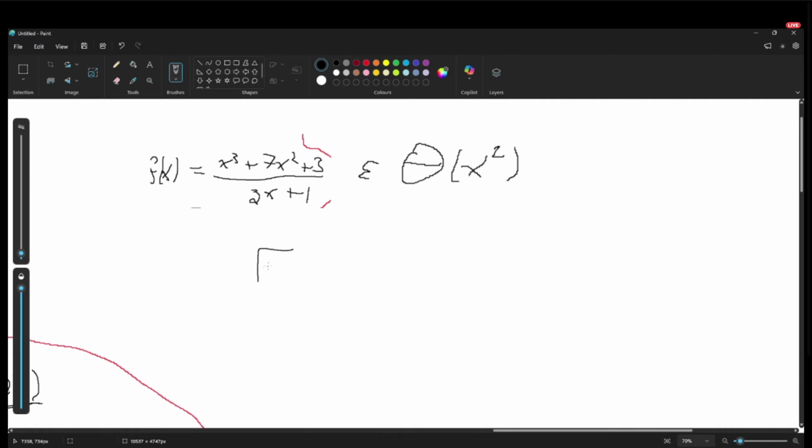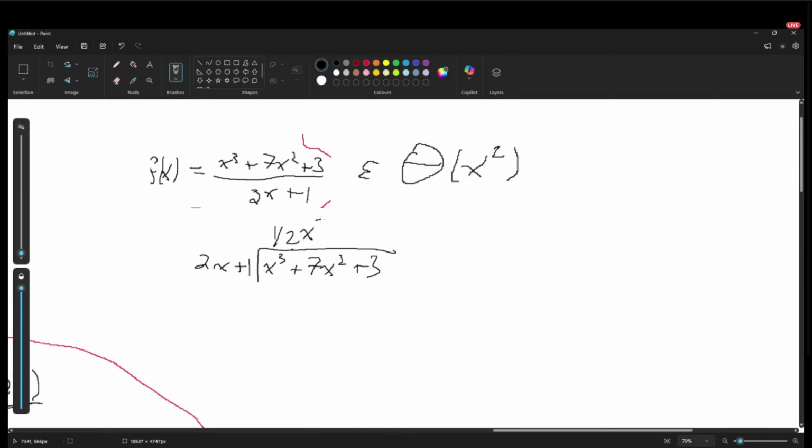If you remember the long division rules, what is this? x cubed plus 7x squared plus 3, divided by 2x plus 1. This is like 1/2 x squared, I think. Oh yeah, this is big theta, so it's not big O. Sorry if I said big O earlier.